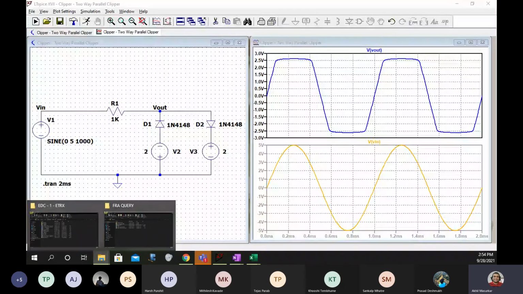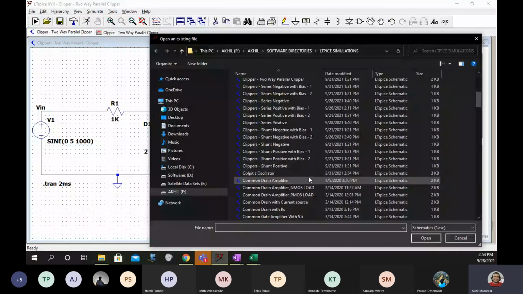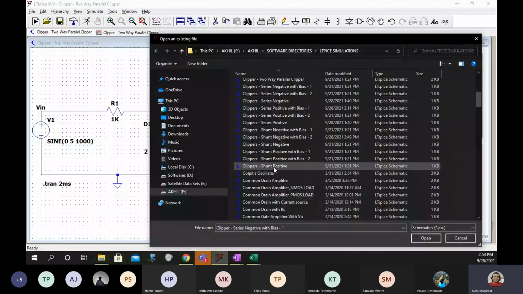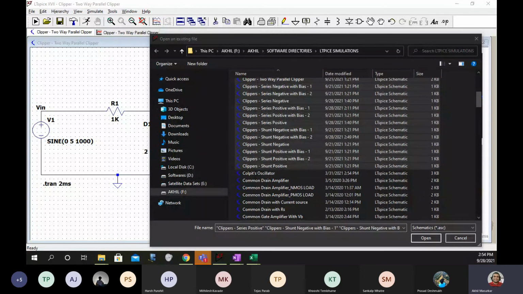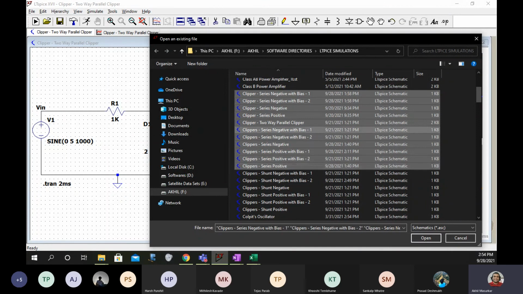So what I'm doing is I'm going to give you all these clipper circuits for your reference, so that in case you have not been able to cope up, you can definitely do this.